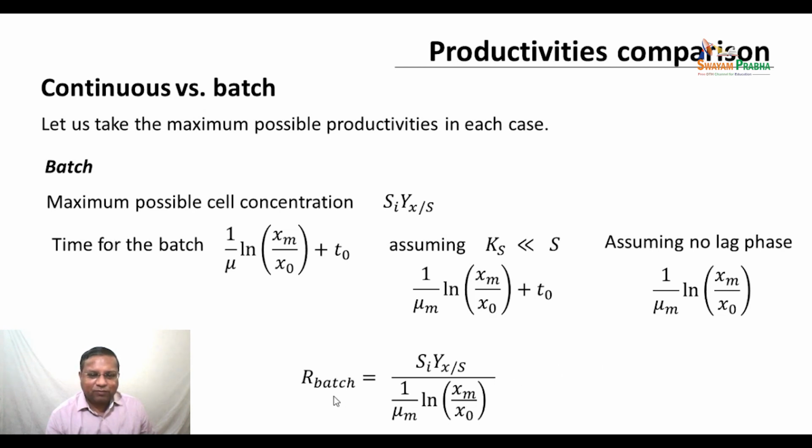So the productivity of batch is the maximum possible cell concentration SI Y_XS divided by the time that it takes for the batch. The amount produced per unit volume per unit time is the productivity that we define. Therefore, SI Y_XS divided by 1 by mu m ln of xm by x0. This is the productivity expression for a batch, starting from x0 going up to xm.